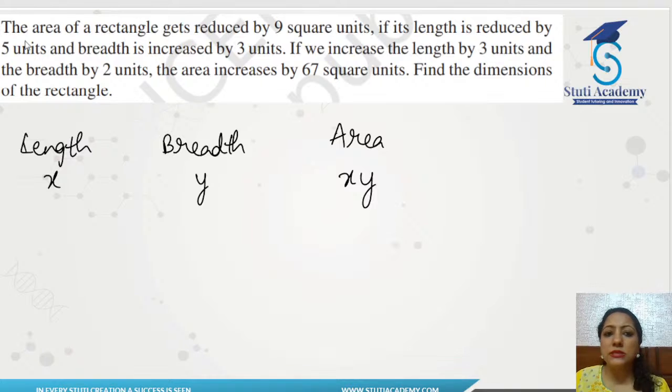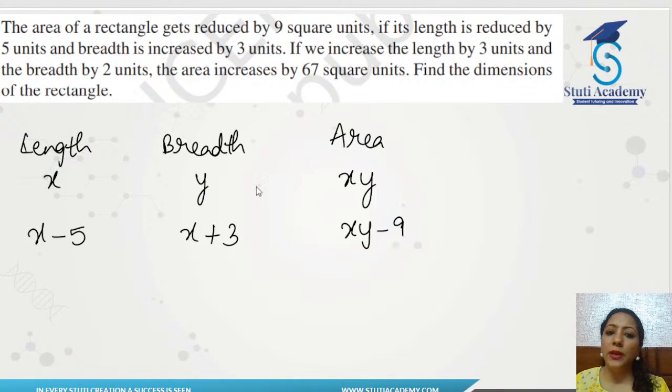Now it's given that the area of the rectangle gets reduced by 9 square units if its length is reduced by 5 units and breadth is increased by 3 units. So the length we are reducing by 5 units and the breadth we are increasing by 3 units. This was the original case where the length is x, breadth is y and the area is xy.